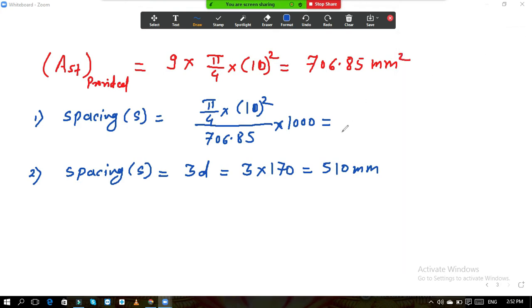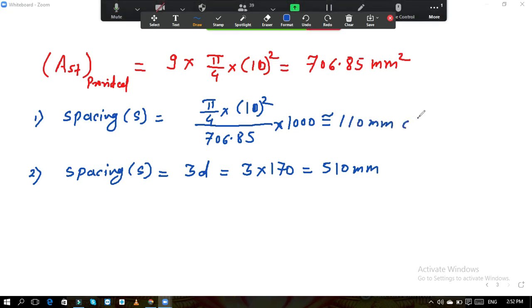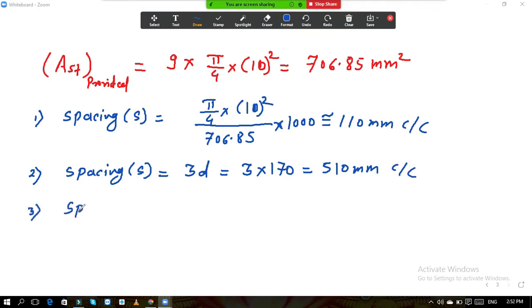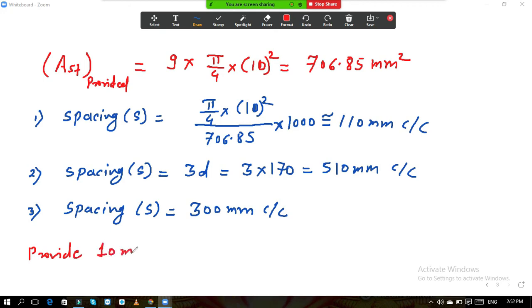What was the spacing for the first case? Finally we round it to 110 mm center to center. And in no case spacing S is 300 mm center to center. So again you can write here: provide 10 mm bars about 110 mm center to center.